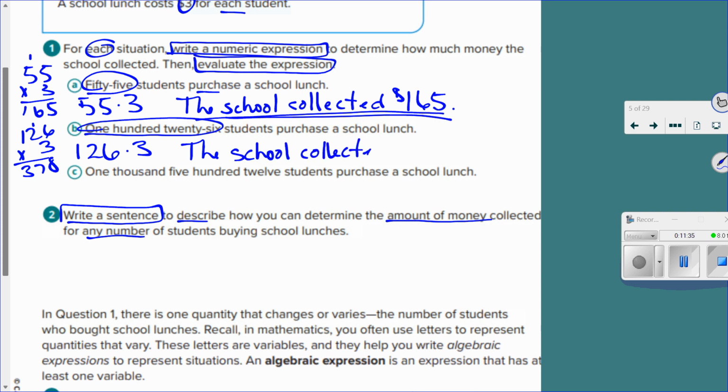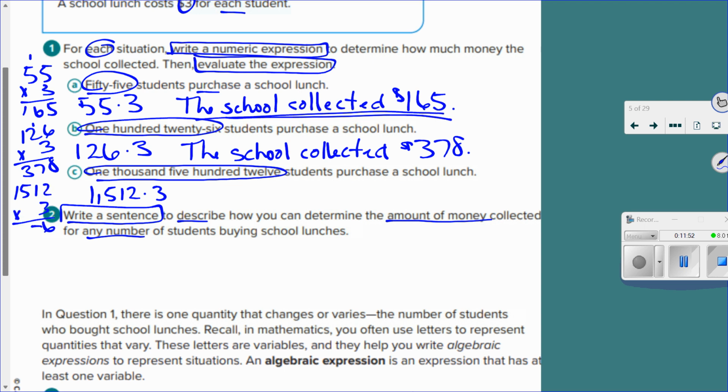And then our next one, 1,512 for just a school lunch. 1,512 times 3. We do the math on that. 1,512 times 3 gives me 6, 3, 15. So the school collected $4,536.